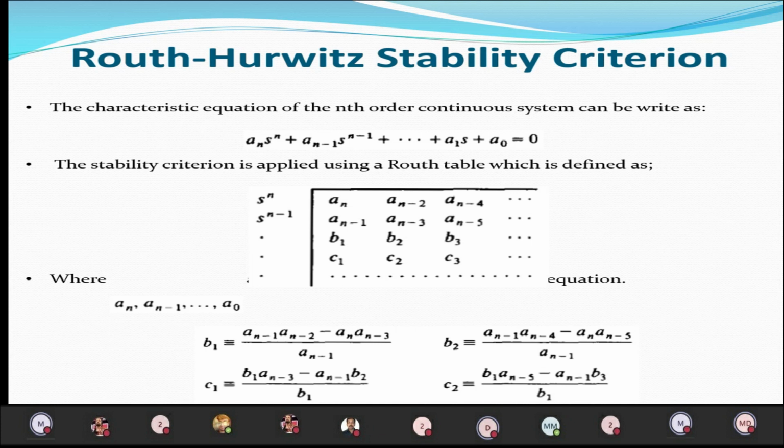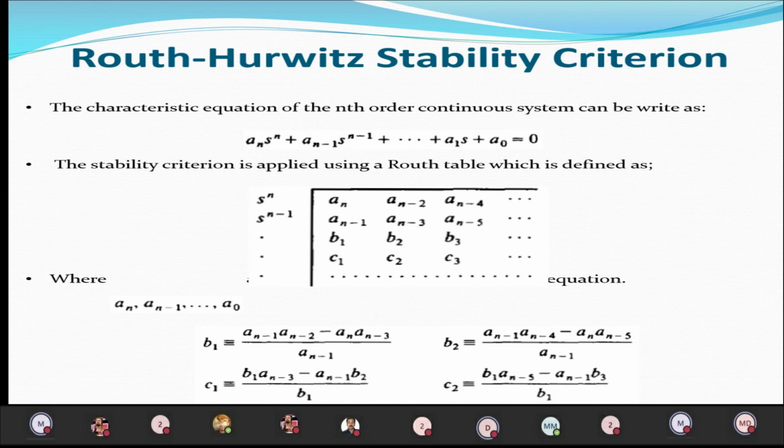First of all, we have to look at the highest power. If it is an even power, then we take the first row as the even powers in decreasing order. For example, if the equation starts from s power 4, the first row will be s power 4.